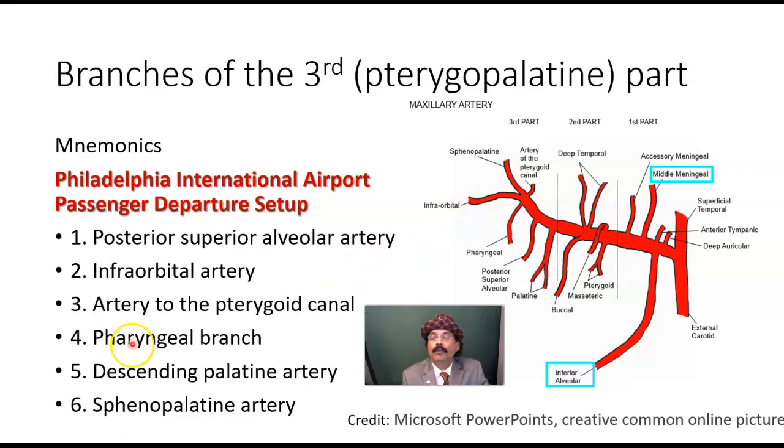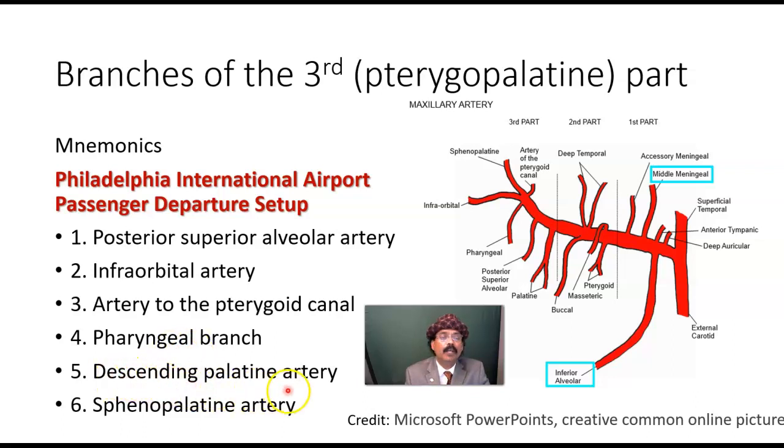Then the international airport: artery to the pterygoid canal. Then number 4, the pharyngeal branch, which also supplies the pharyngotympanic tube, or auditory tube, or eustachian tube.